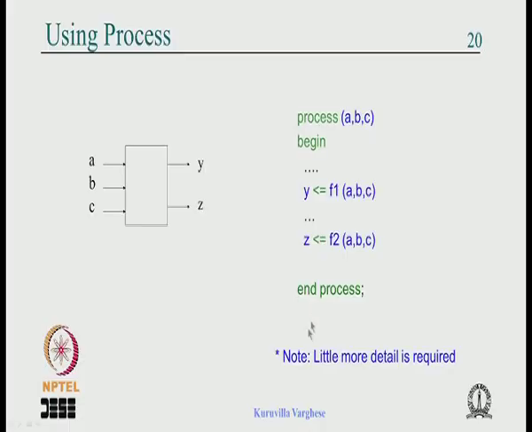One point though I said so, let us turn to the slide. There is a little more detail. When I say you just write the input in the sensitivity list, it is not completely correct. Something is missing here, but we will handle that as we go ahead in the lecture. We will see that as we go along because mentioning that now will not bring clarity.